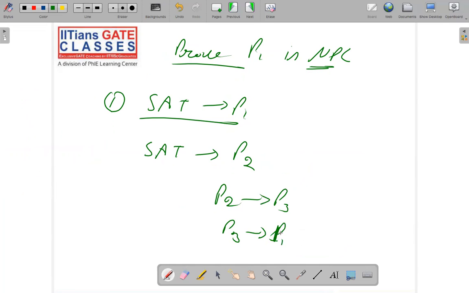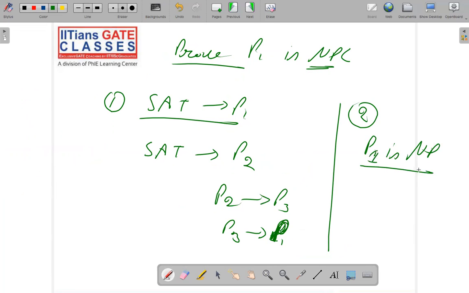Using these two proofs, you can say that P1 is NPC.